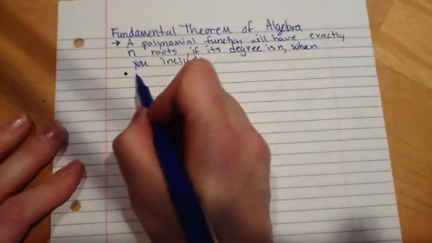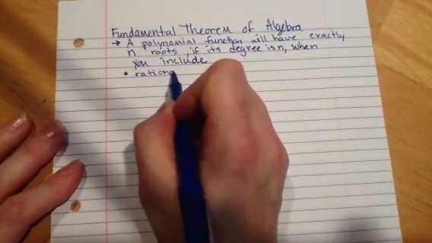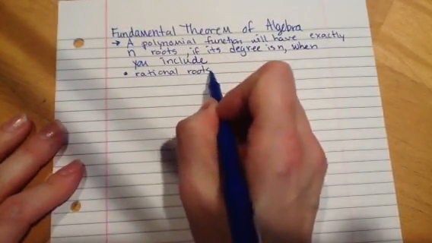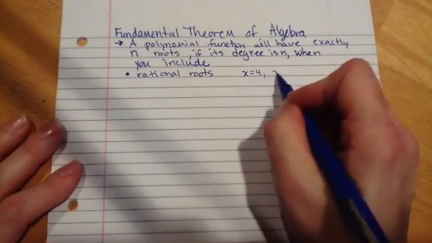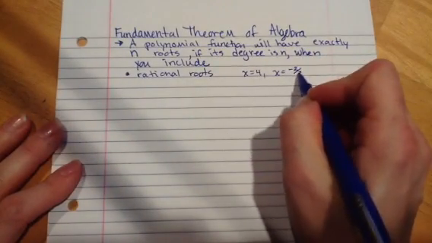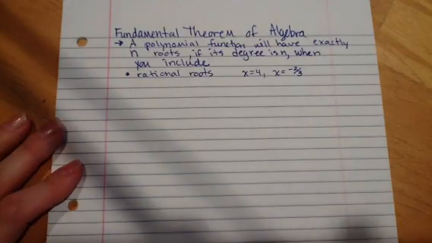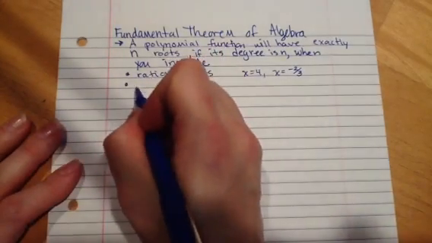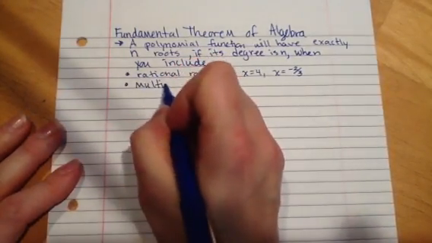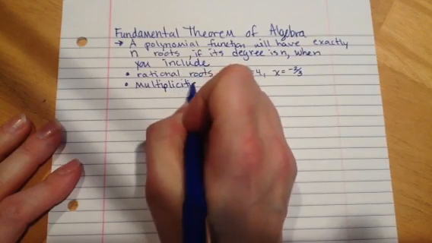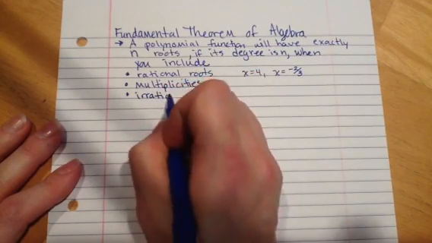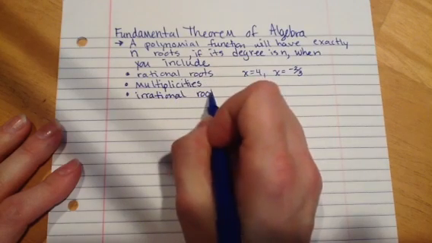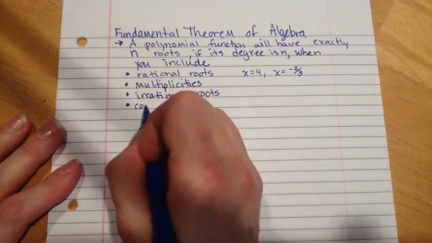We want to include rational roots. Rational roots would be like x equals 4, x equals negative 2/3, rational numbers like that. Multiplicities. Irrational roots. And complex roots.